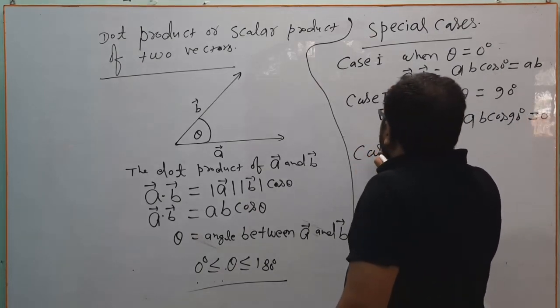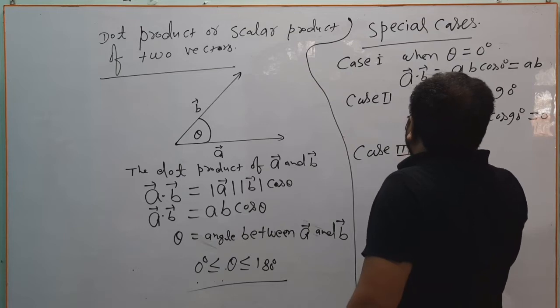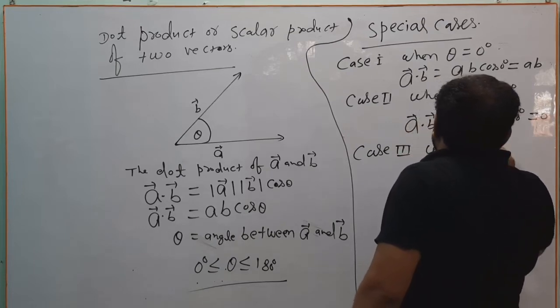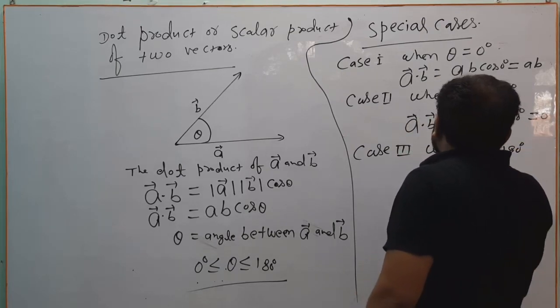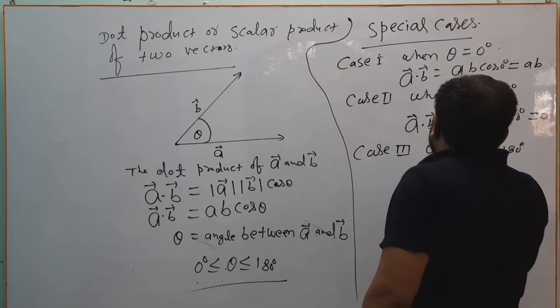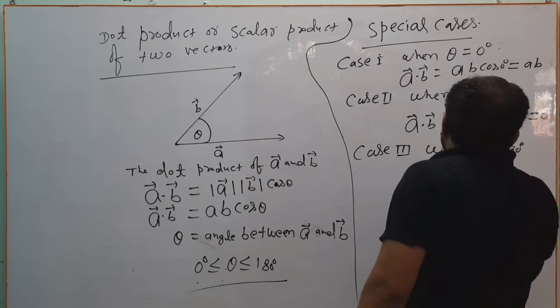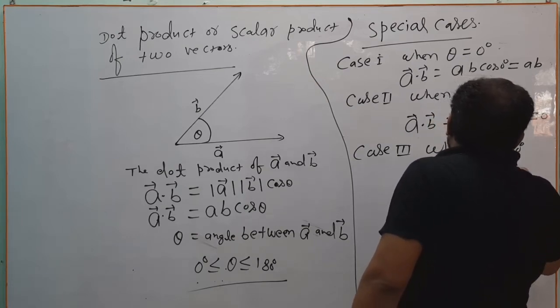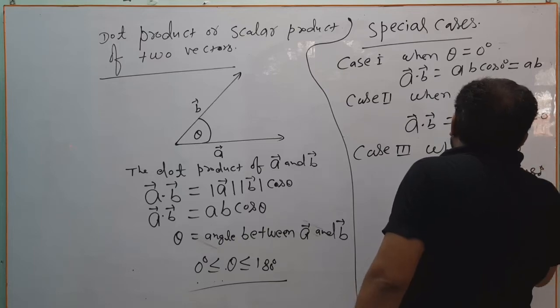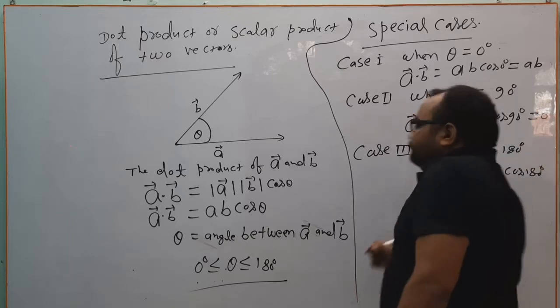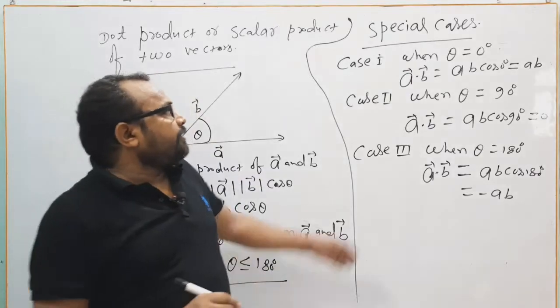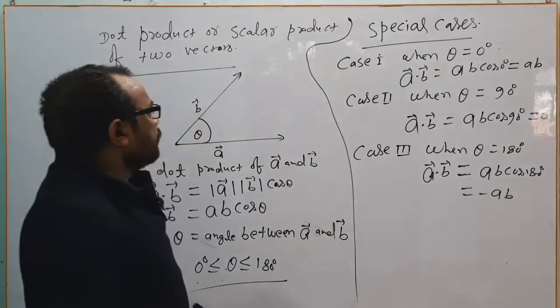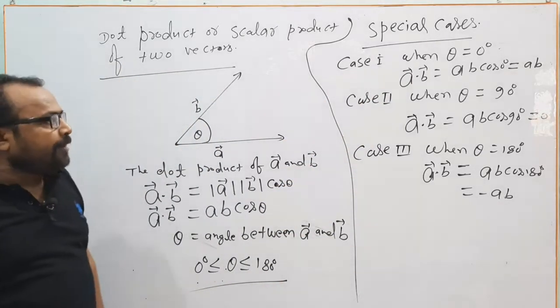Case 3. When theta is equal to 180 degree, A dot B is equal to AB cos 180 is equal to minus AB. So these are special cases of dot product or scalar product of two vectors.